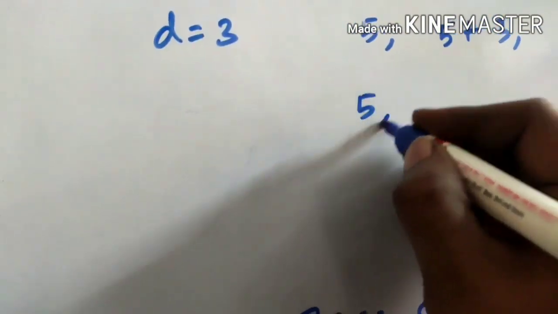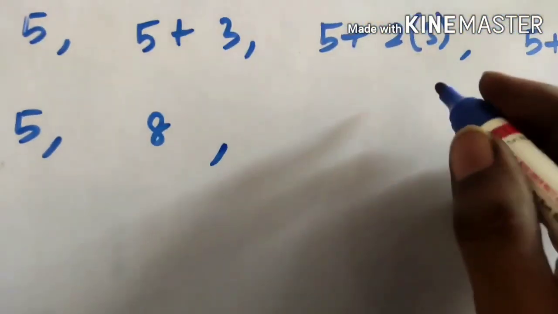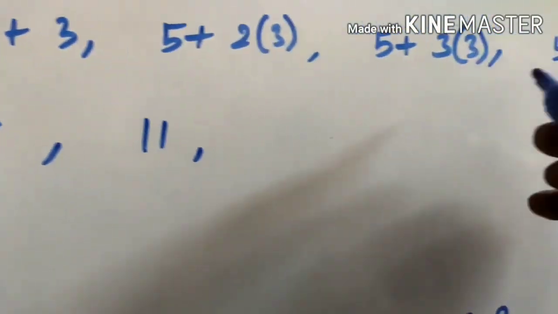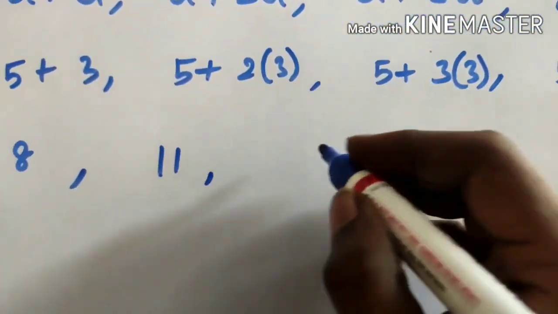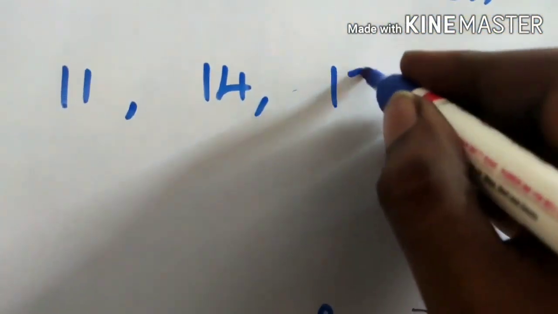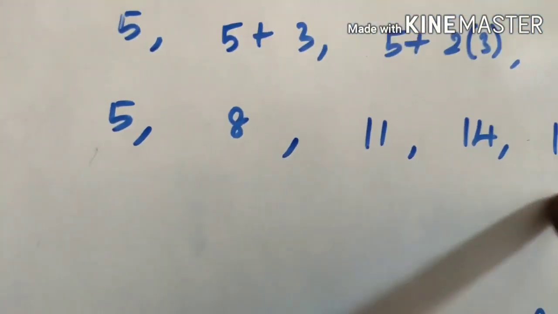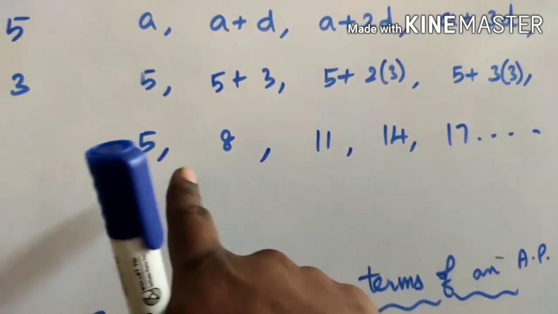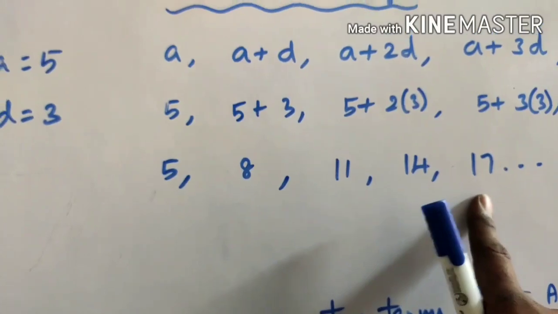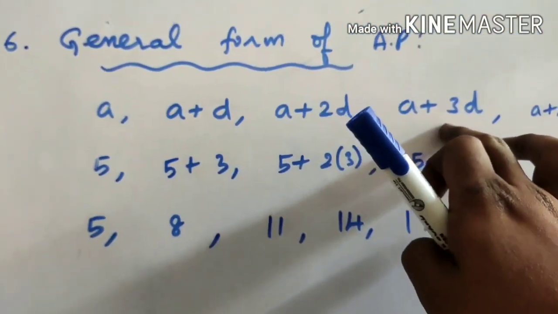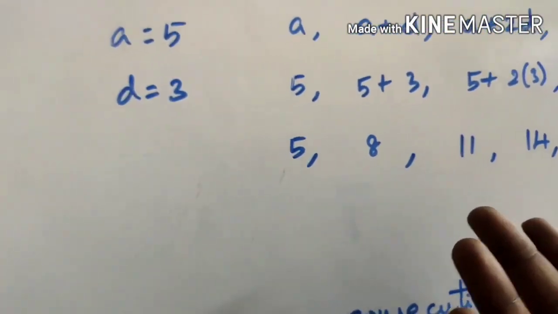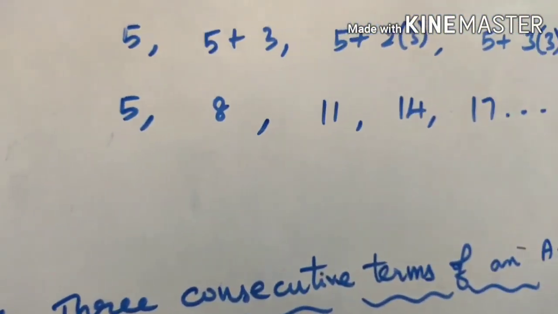So here you are getting 5, here you are getting 8, here 2 3s are 6, 6 plus 5 is 11, 3 3s are 9, 9 plus 5 is 14, 4 3s are 12, 12 plus 5 is 17. So we got the example, the sequence we saw in the first AP example. So using this form we can create our own AP. Any AP like that you can create.